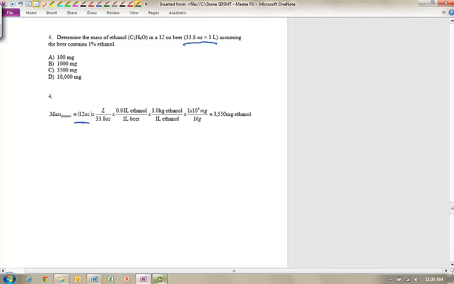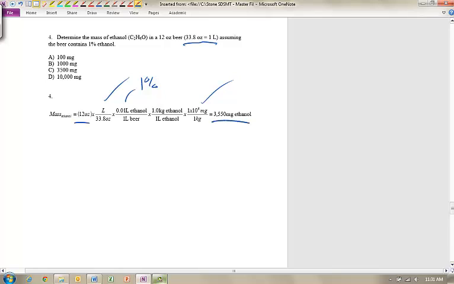We've got a 12 ounce beer, ounces to liters. 1 liter of beer is 0.something, and this would be our 1% by concentration, or by mass, I guess. So 1 liter of ethanol is 1 kilogram of ethanol, assuming that it's close to the unit weight of water. And then 1 kilogram of ethanol is 10 to the 6 milligrams.